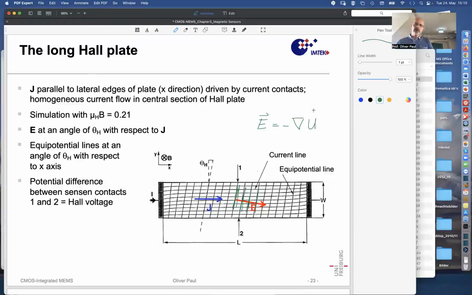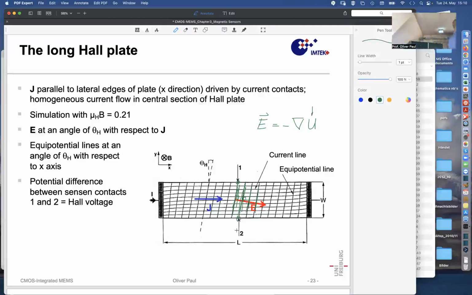Those equipotential lines are these lines. They're perpendicular to the electric field, and they're oblique. So that now between contact 1 and contact 2, very evidently you see that those contacts sit on two different equipotential lines.